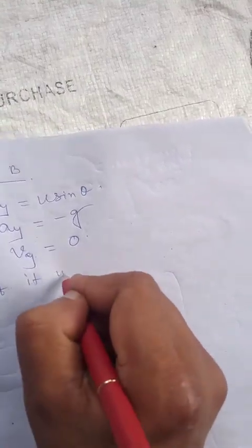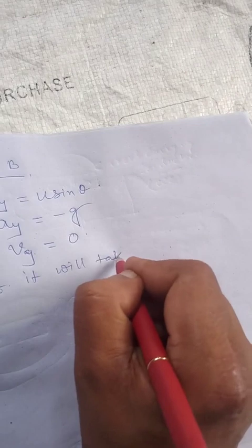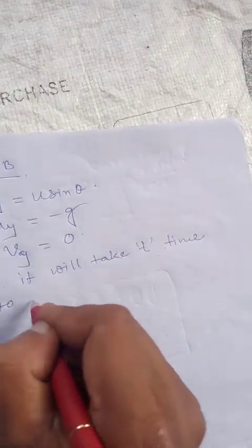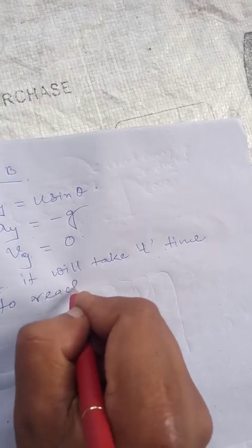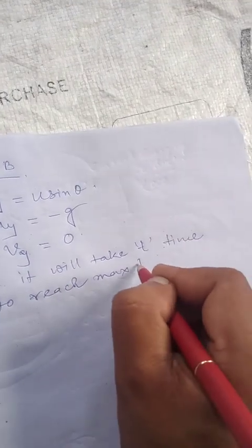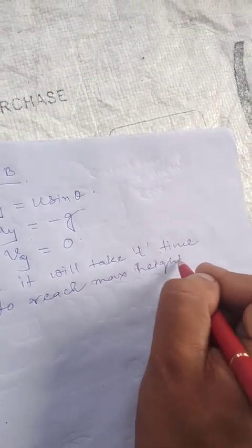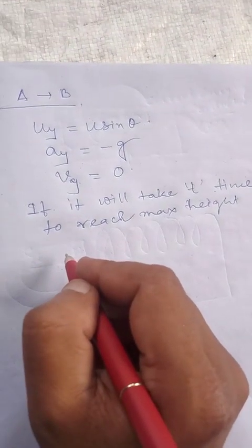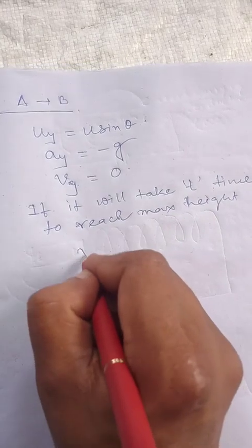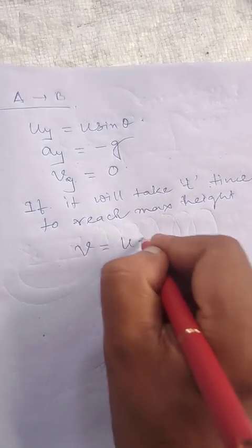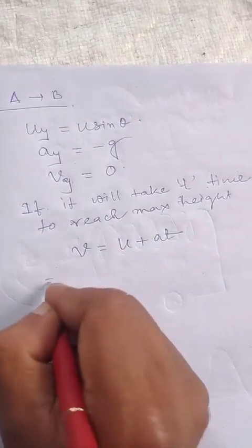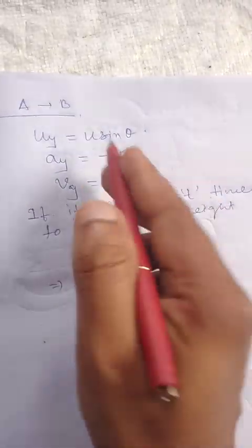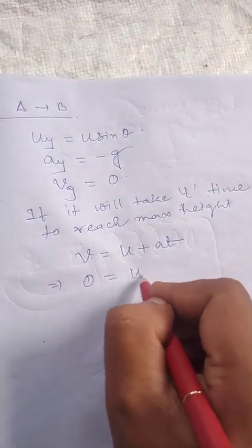So if it takes t time to reach maximum height, using the laws of motion we can say v equals u plus at. What is the final velocity? 0. What is the initial velocity? u sin theta.